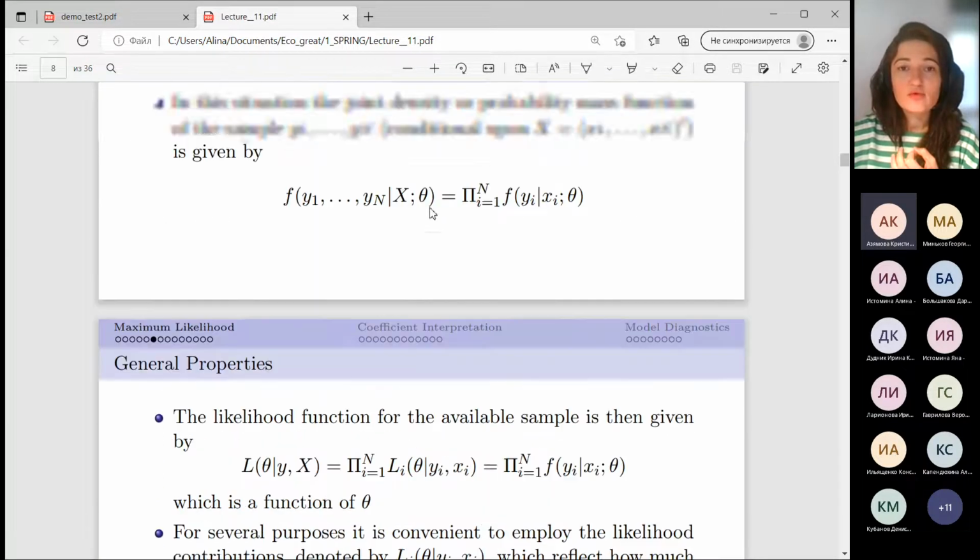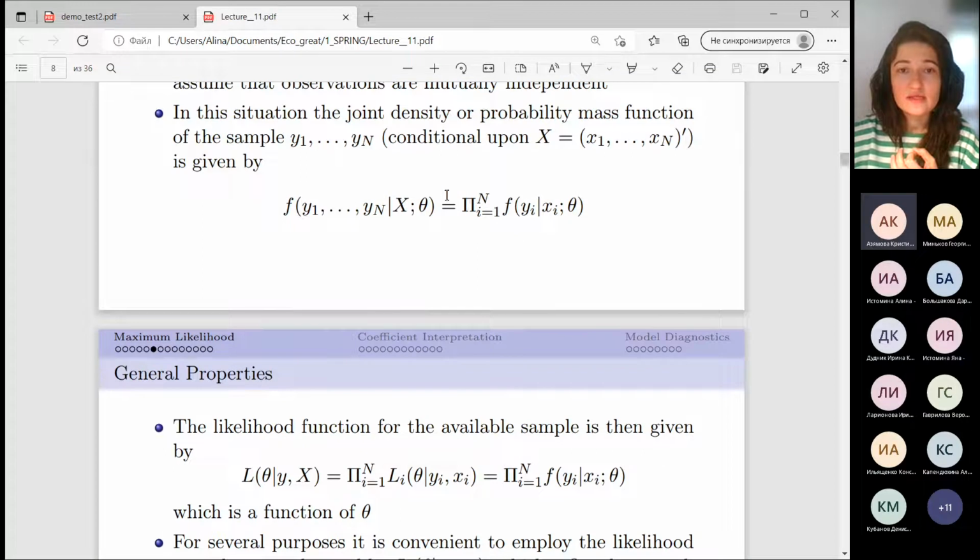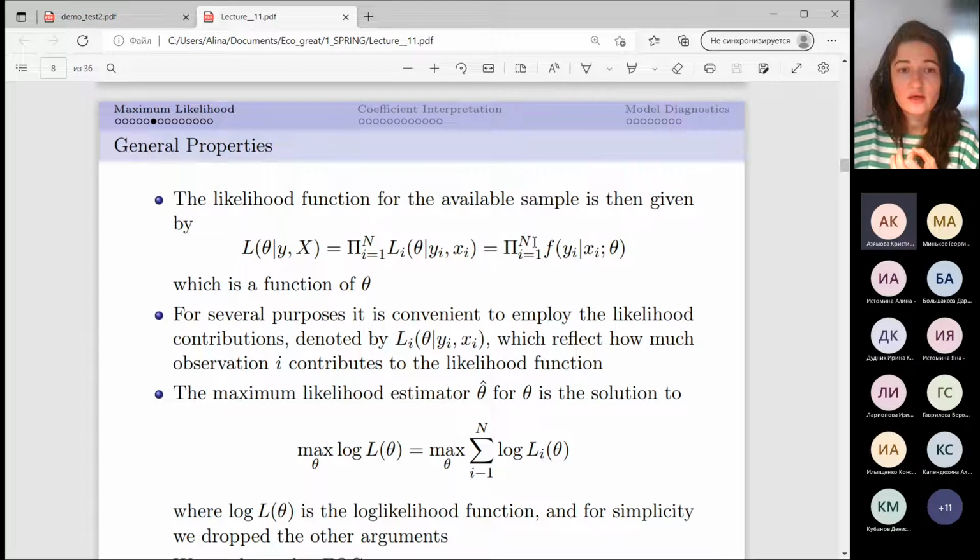Because of this, we can rewrite the same expression here through the likelihood function. L here is abbreviated, it means likelihood function, of some unknown parameter conditional on y, your dependent variable, and some x's.